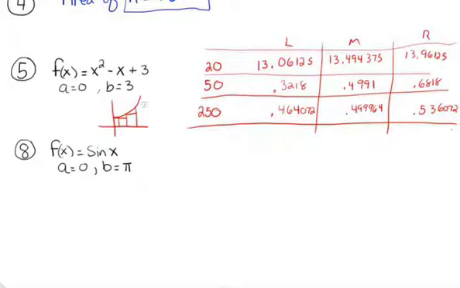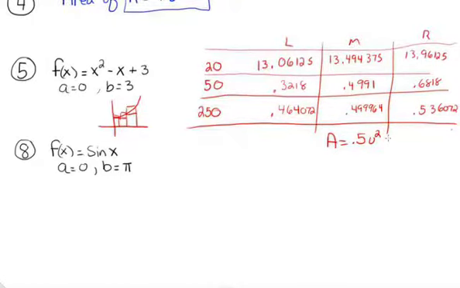The converse is if you do it from the right, you're always going to get an over approximation. And the midpoint isn't going to be exactly right or anything. It all depends on the symmetry of the graph. But in general, I think the midpoint is probably closest. It makes sense that this is lower than it should be, this is bigger than it should be, and this is closer to accurate.